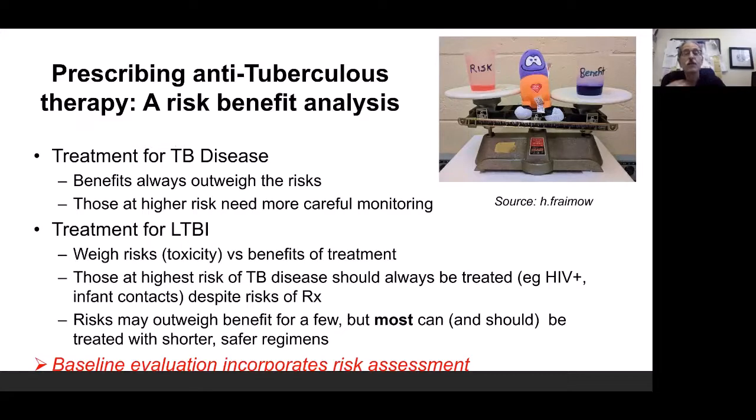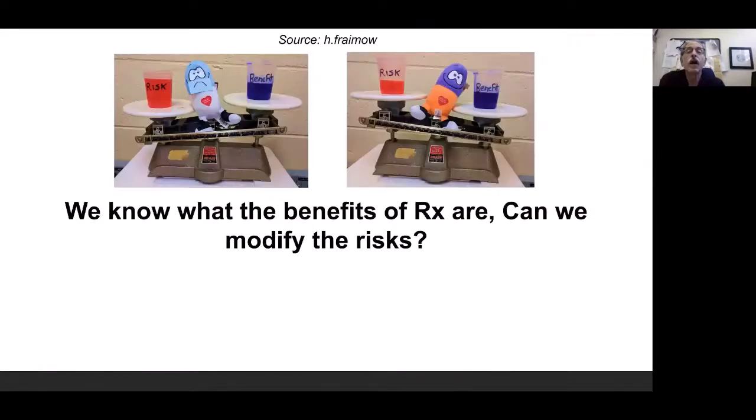We know we can quantify what the benefits of treatment are in any individual. So on this scale, if you're looking at that purple cup, it is always filled to the same degree. We know that latent TB treatment prevents people from developing TB disease, and TB disease treatment prevents them from getting sicker and from spreading disease.